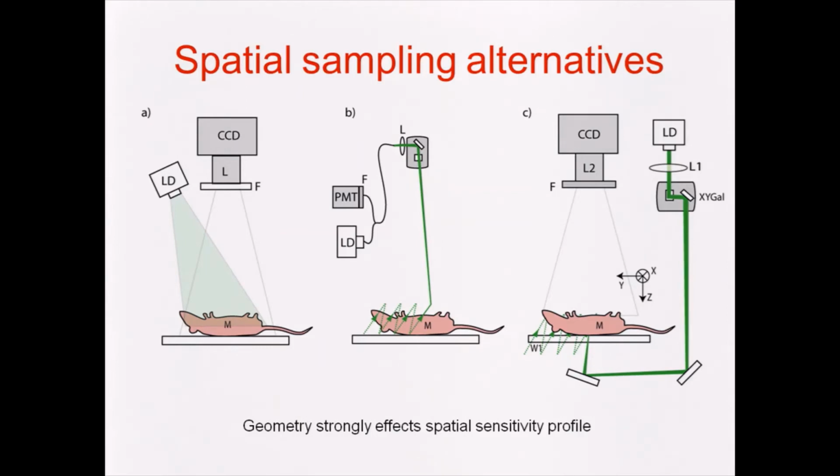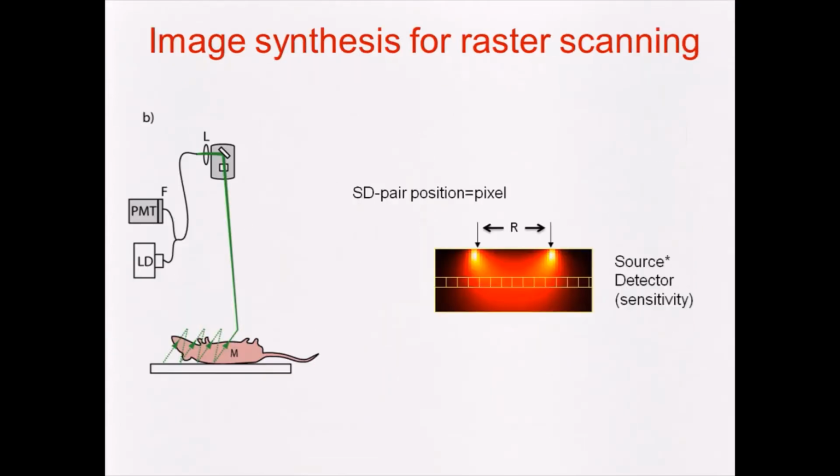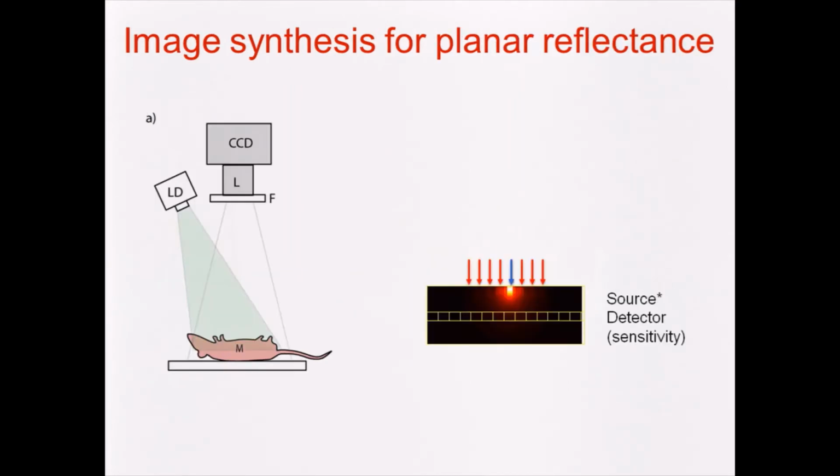So I'm going to go back and run through these in terms of the modeling of each scenario. Actually, the simplest one to think about is the second one, which is the raster scanning. In that case, we simply are shining light into the tissue at one point, detecting at another position, and we're sampling the tissue with this type of sampling function.